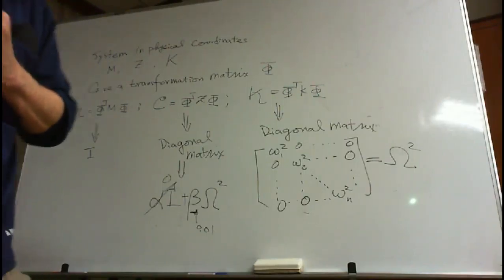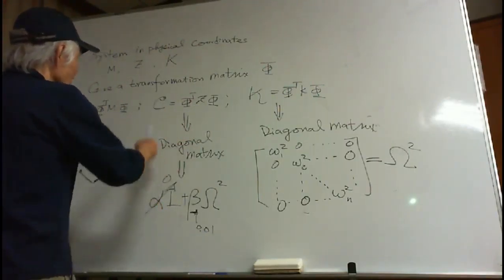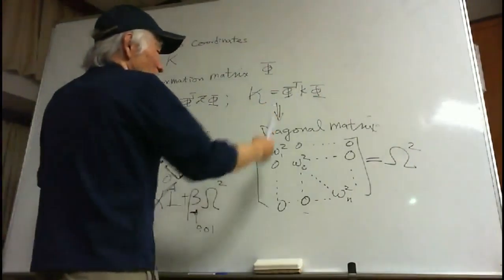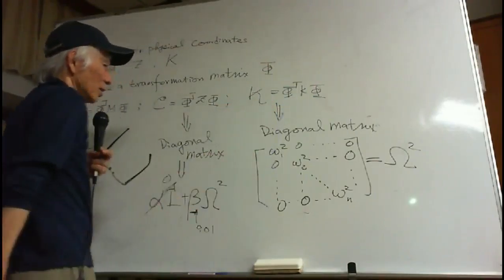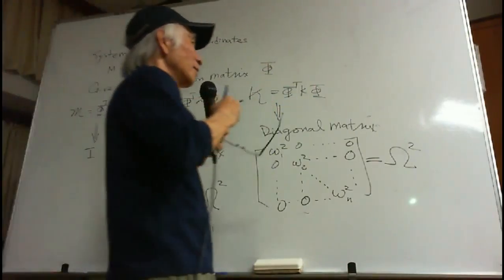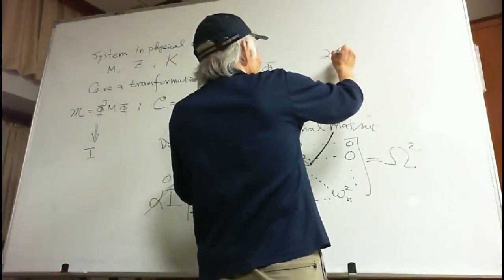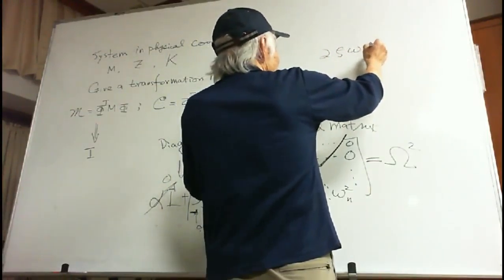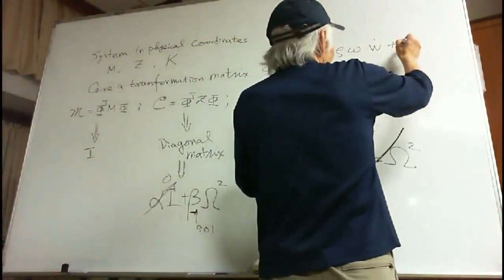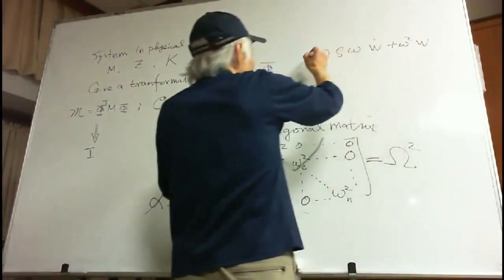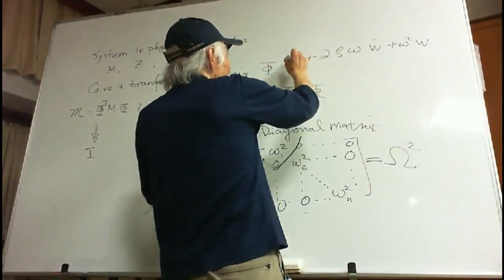That means this is proportional to something like M, and proportional to something like K. In many cases, we don't worry about M, we worry about K. So this is what we have. You remember that I talked about 2 zeta omega W dot plus omega squared W plus the W double dot.